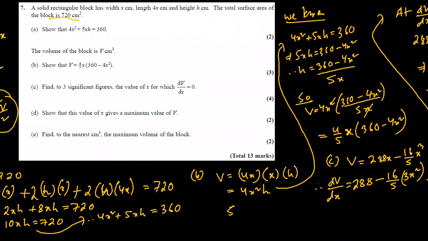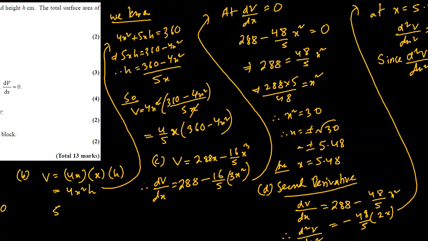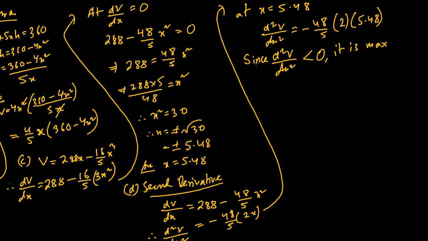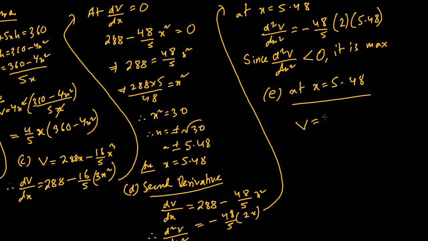And the next question, find the maximum volume. So we have to put down the value of x in the expression of v and find the maximum volume. So let's do the final one. So question number E, at x equals 5.48, v equals, expression for v is right over here.